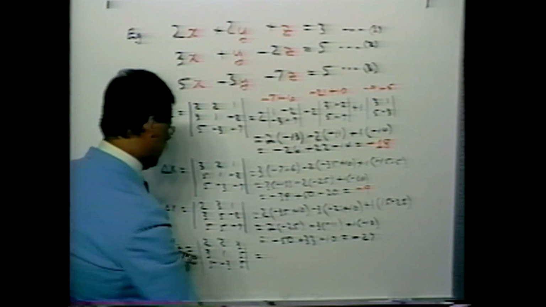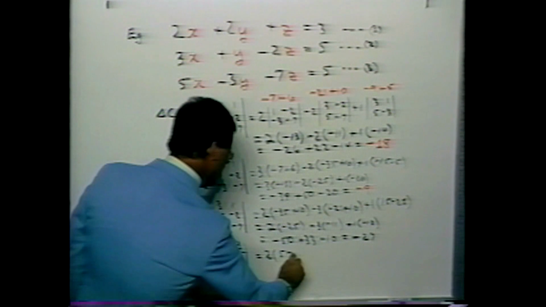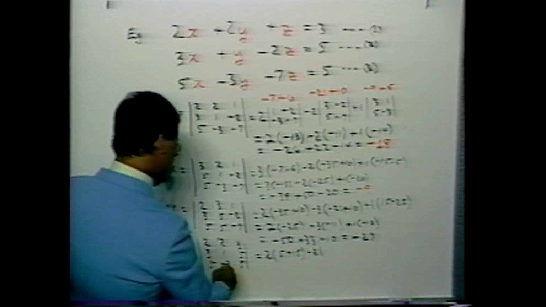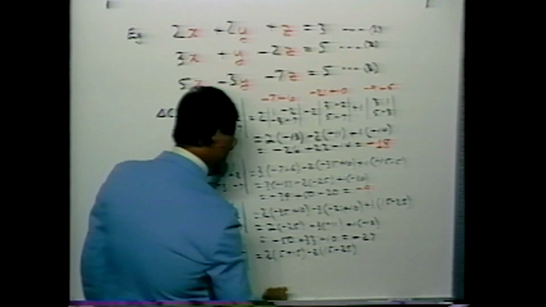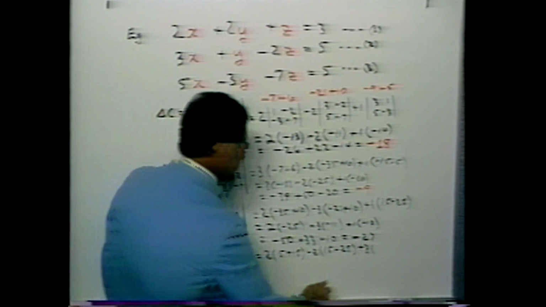So this amounts to, once again, 2 multiplied by 5 plus 15 minus 2 times 15 minus 25, and plus 3 times minus 9 minus 5.